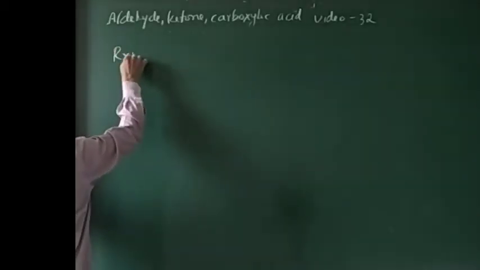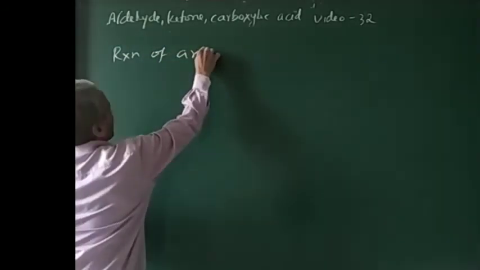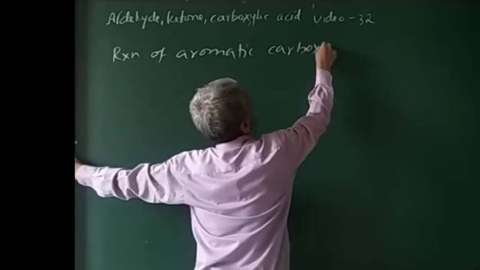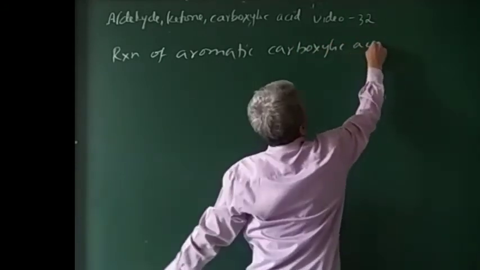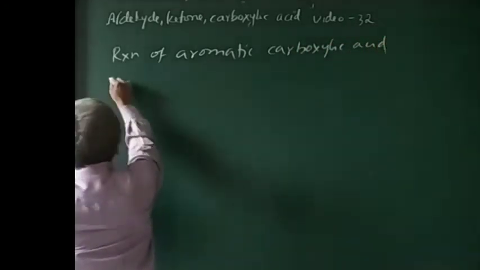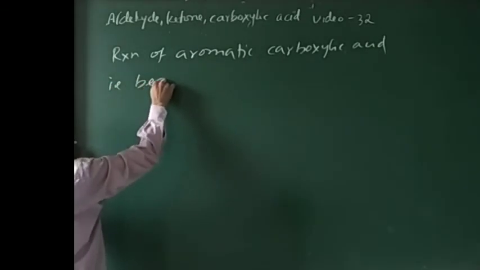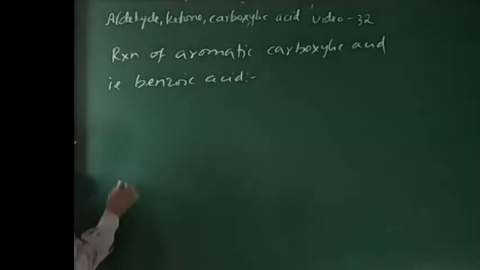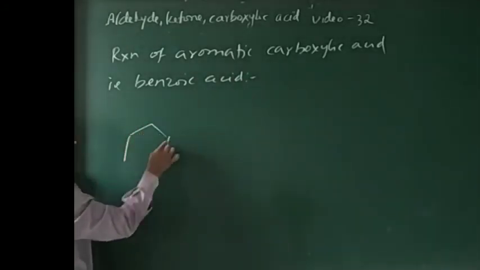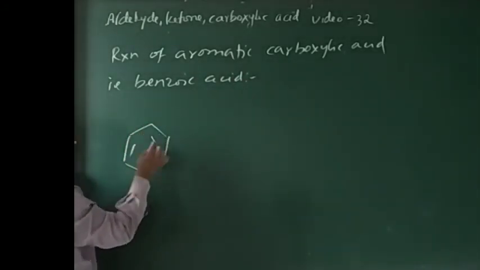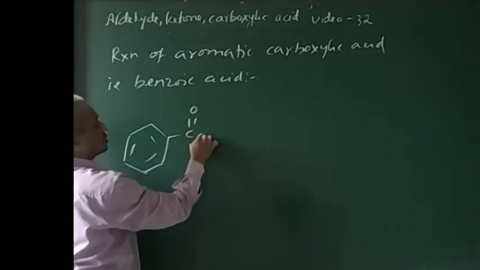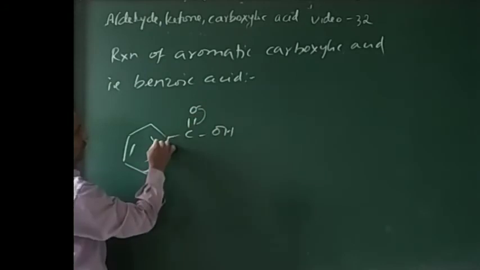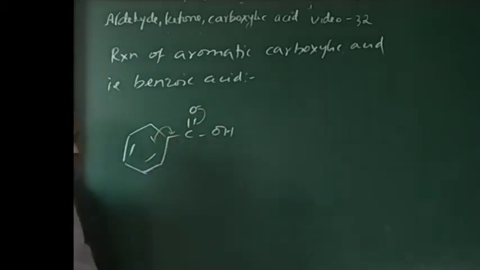Reactions of aromatic carboxylic acid, that is benzoic acid. Benzoic acid, if you consider, the COOH group will withdraw the electron to this side, so that electron will be withdrawn to here.